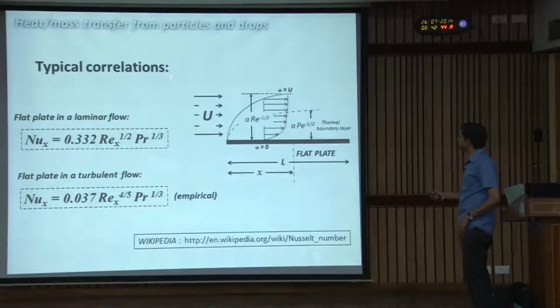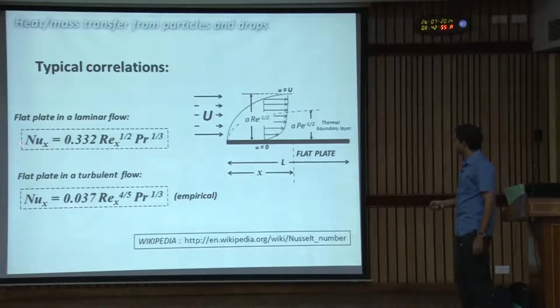So this is an example of typical correlations. This is a flat plate immersed in a uniform ambient aligned with the plate. Okay. And this is the heat transfer at a station x, so at a distance x from the leading edge. And this is the case in a laminar flow. We'll see that this actually can be arrived at by simple arguments. Okay.